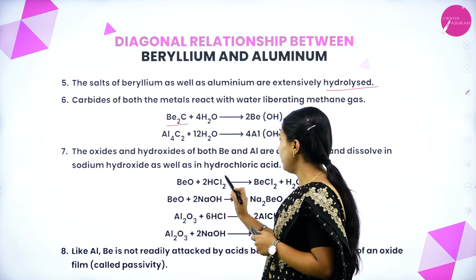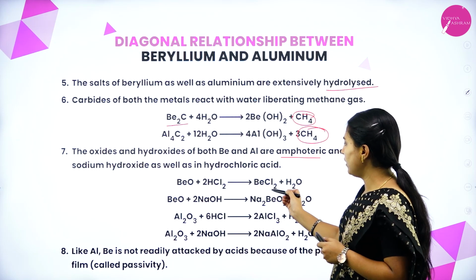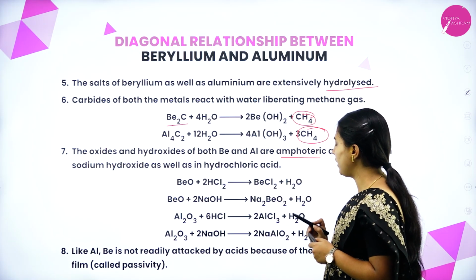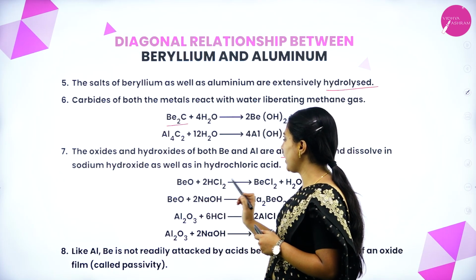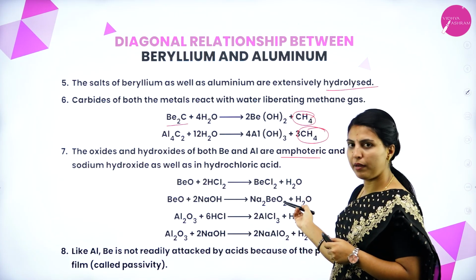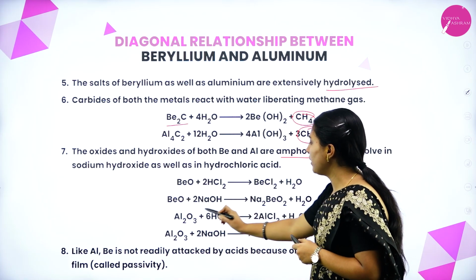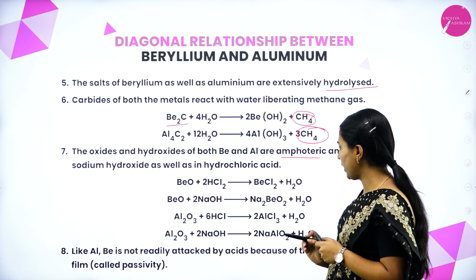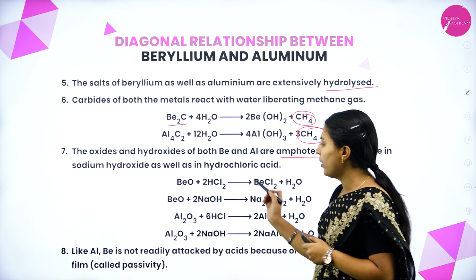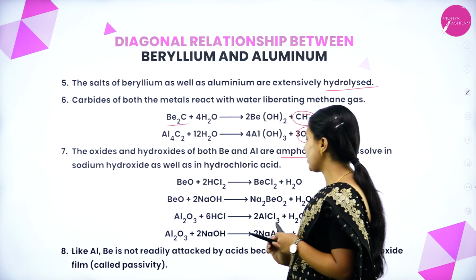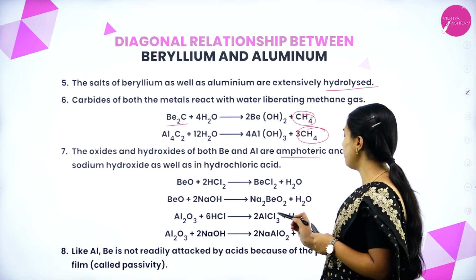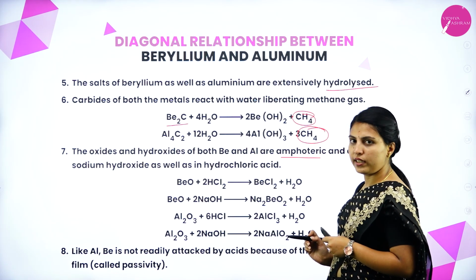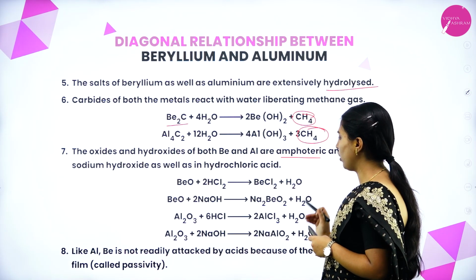Beryllium oxide dissolves in 2HCl, that is hydrochloric acid, and forms beryllium chloride. When beryllium oxide reacts with sodium hydroxide, it will form sodium beryllate. Aluminium oxide also reacts with hydrochloric acid to form aluminium chloride. When aluminium oxide reacts with sodium hydroxide, it will also form sodium aluminate with the liberation of water.